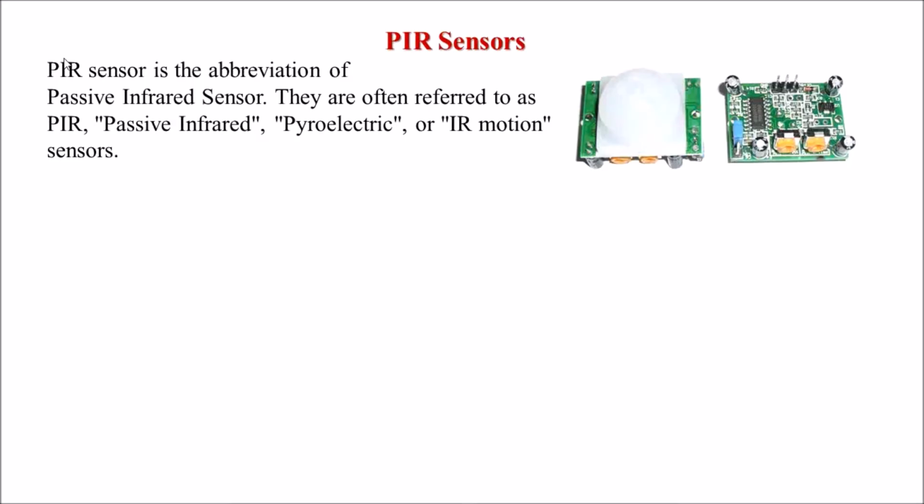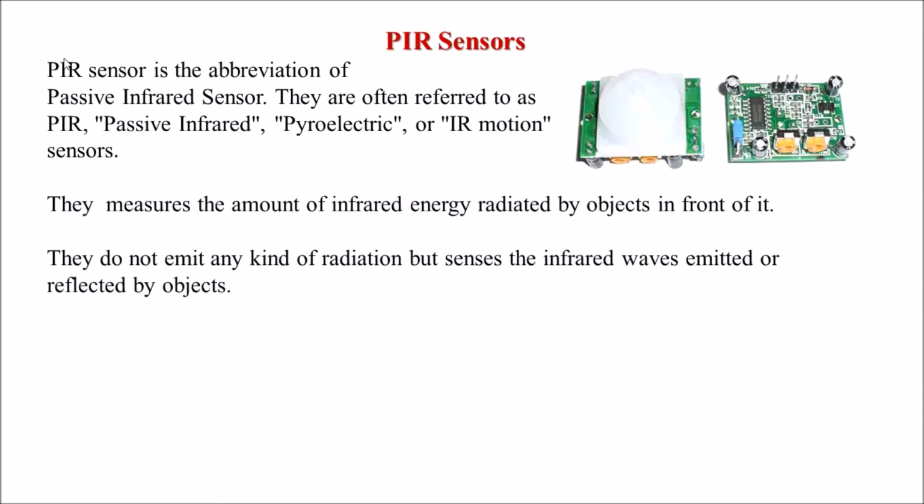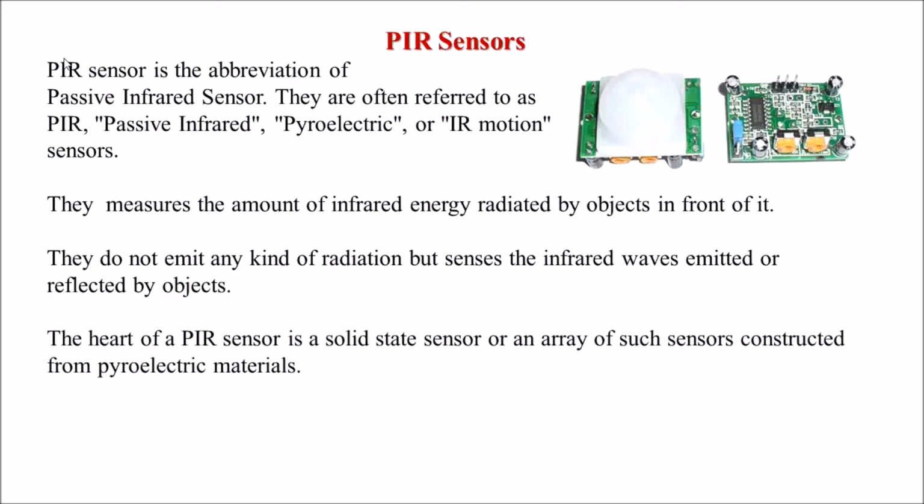A passive infrared sensor is often referred to as a pyroelectric sensor or IR motion sensor. It measures the amount of infrared energy radiated by objects in front of it. It does not emit any kind of radiation, but senses the infrared waves emitted or reflected by objects.